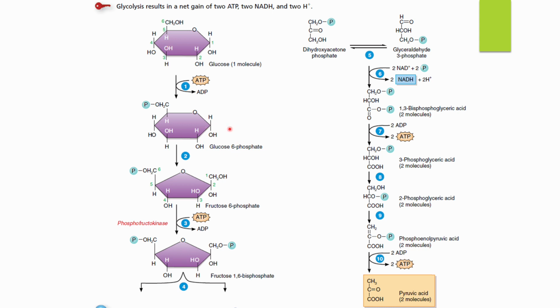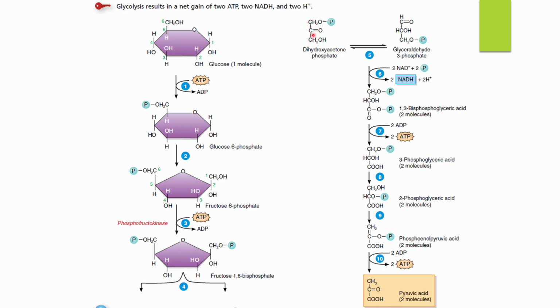Then the glucose 6-phosphate is converted to fructose 6-phosphate. A second ATP is used here to add a second phosphate group to fructose 6-phosphate to form fructose 1,6-biphosphate. And now let's focus here. The fructose splits into 3-carbon molecules.